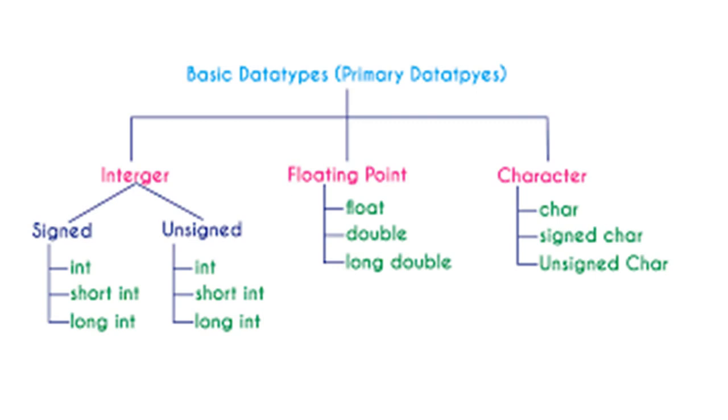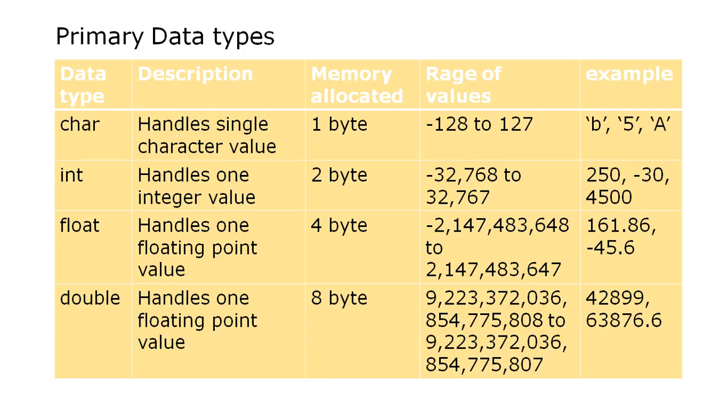The basic data types are again classified into signed and unsigned. And the primary data types.